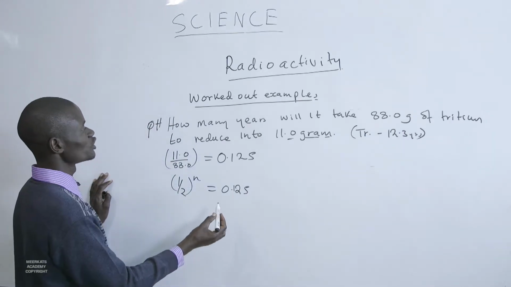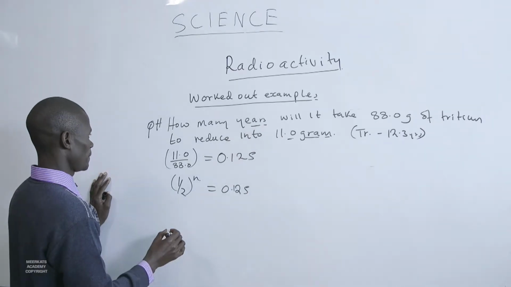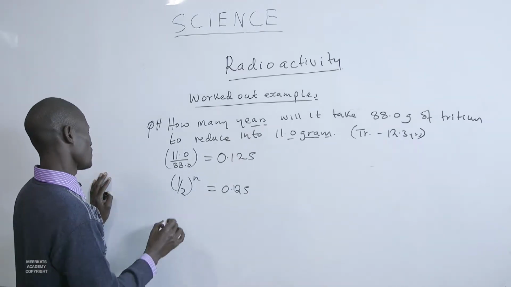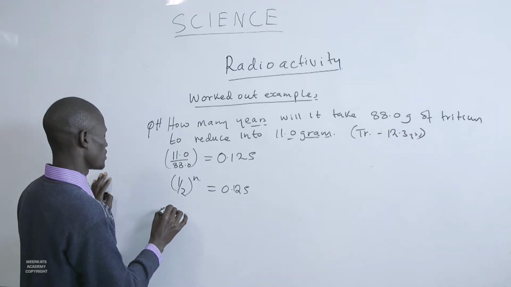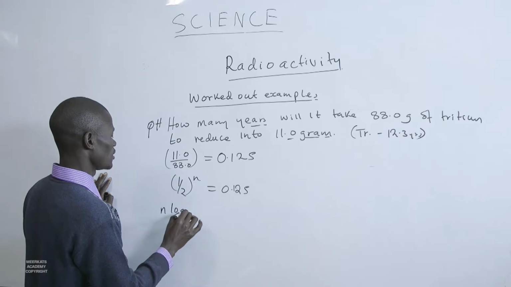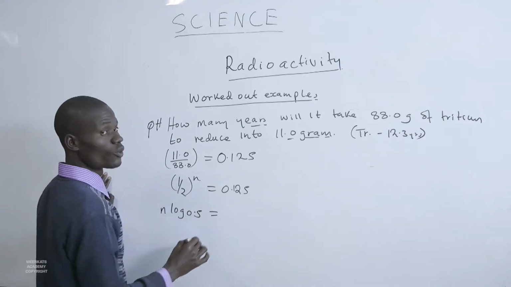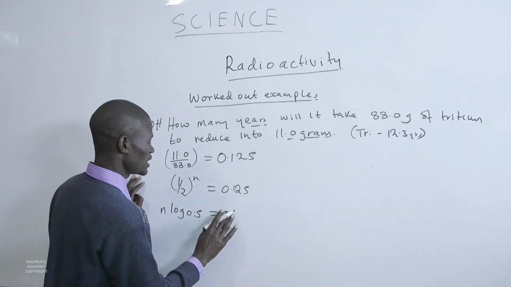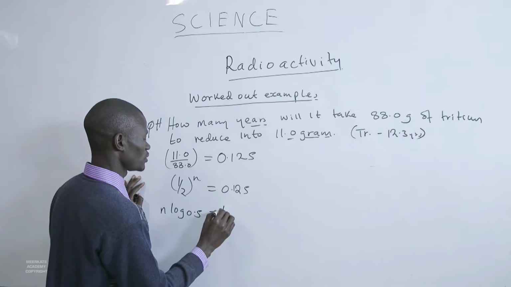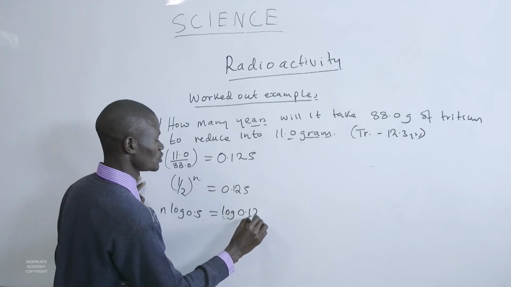Therefore, we want to get how many years it will take. We have now to introduce the log, that is log 0.5, since a half is 0.5. We equate it to the log of 0.125.